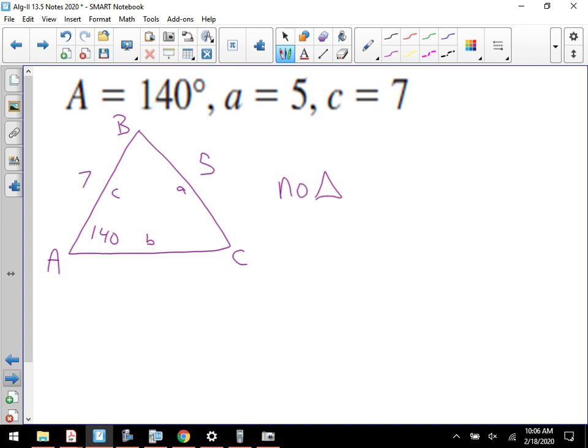Can I have another angle in the triangle that has something further apart? That means the other angle here has to be bigger than 140. No, this is going to be the biggest angle. Means it has to have a bigger side. Is 7 bigger than 5?